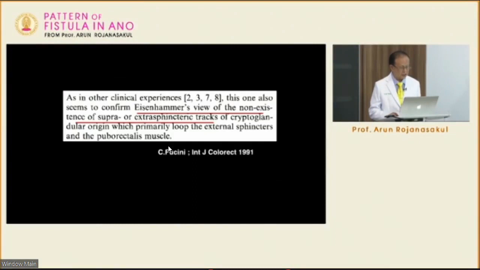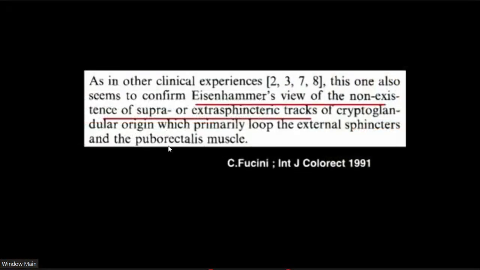Many surgeons believe the Eisenhammer concept. Fusini said that in his clinical experience, this also seemed to confirm Eisenhammer's view of the non-existence of a supra or extrasphincteric tract. No existence.